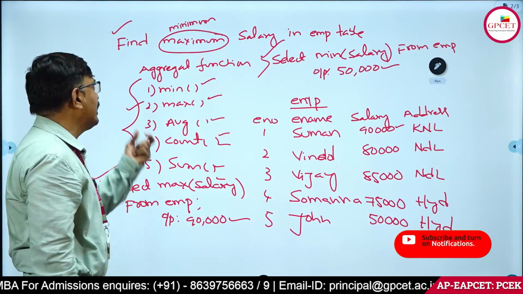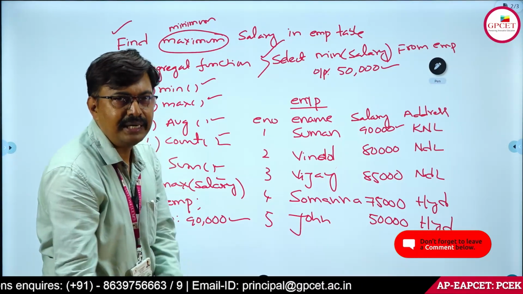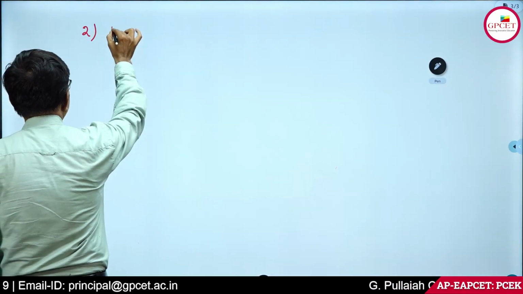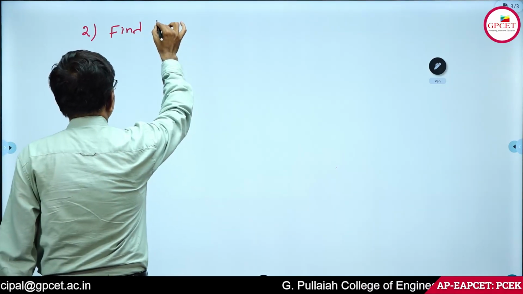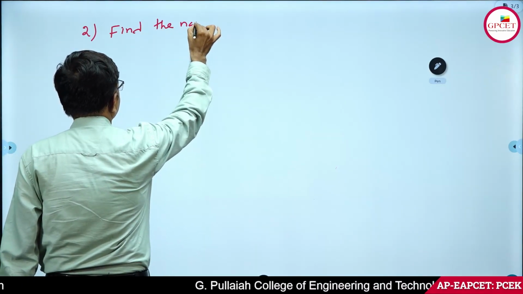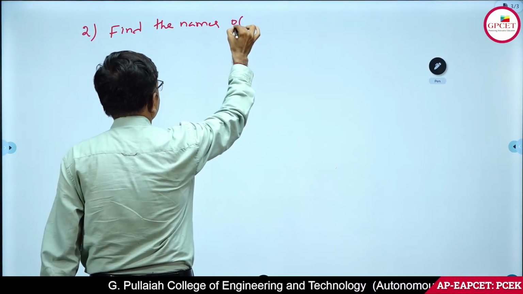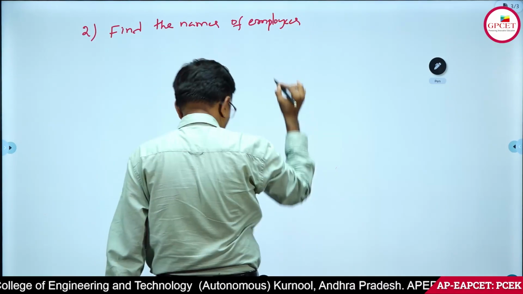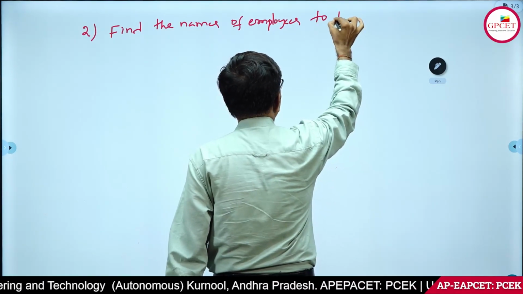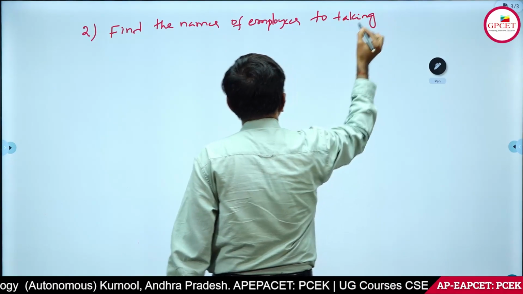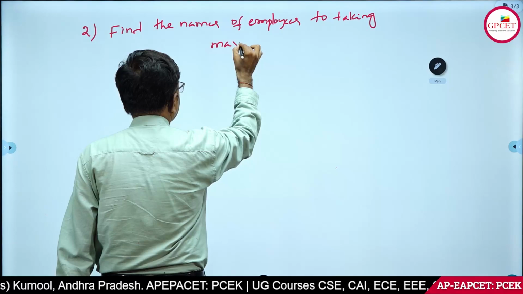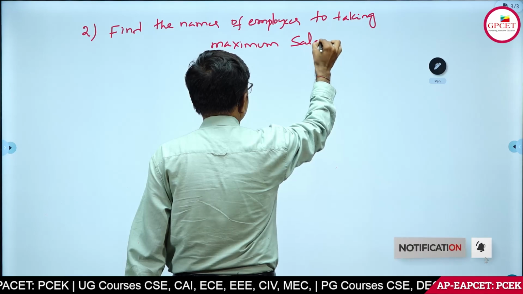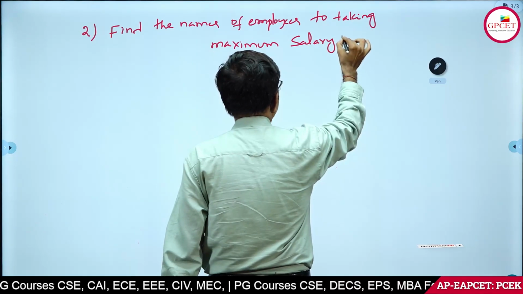Before going to the subquery, we now know aggregate functions. Clear? The next example, the second example: find the names of employees taking the maximum salary in the employee table.